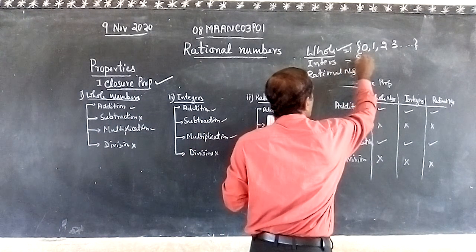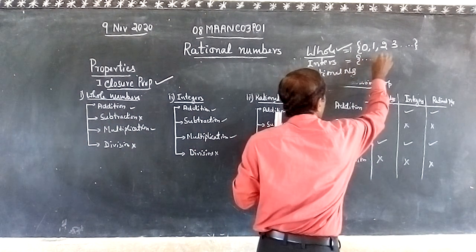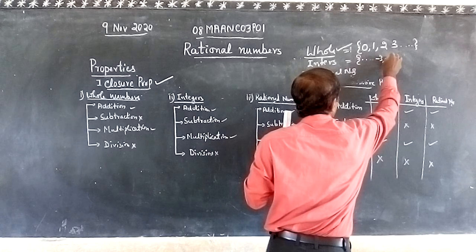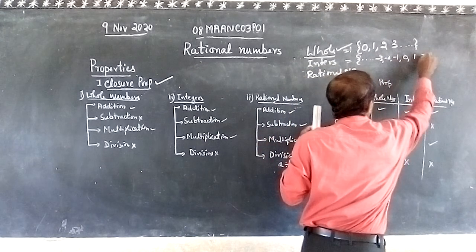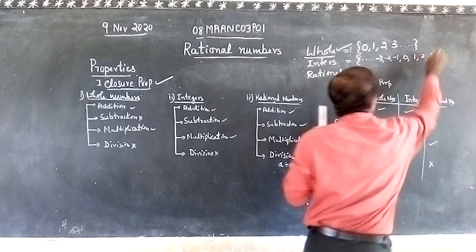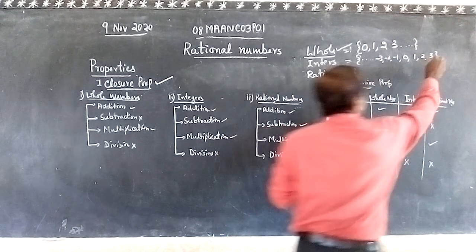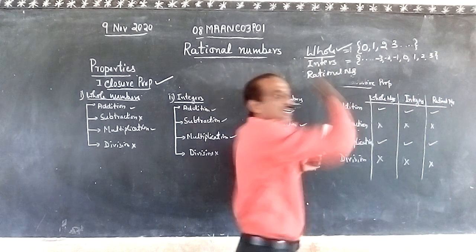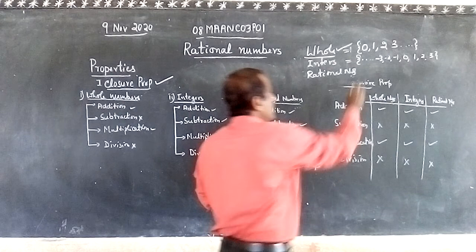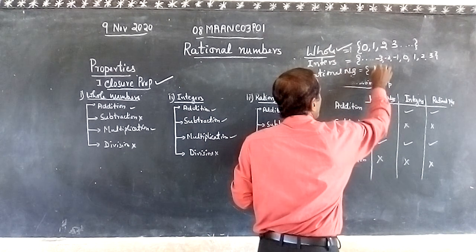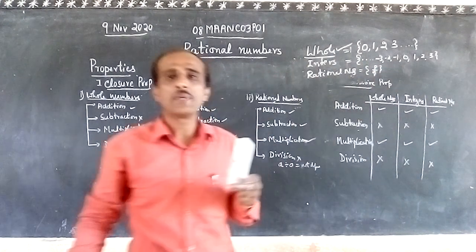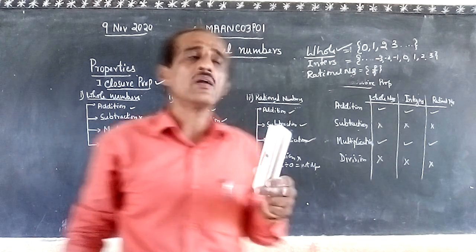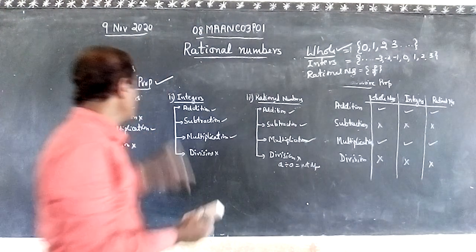Integers include minus 3, minus 2, minus 1, 0, 1, 2, 3, 4, like that it continues to the right hand side, and to the left hand side also it continues. Rational numbers can be written in the form of p by q, where p may be a negative or positive number. Now, closure property.